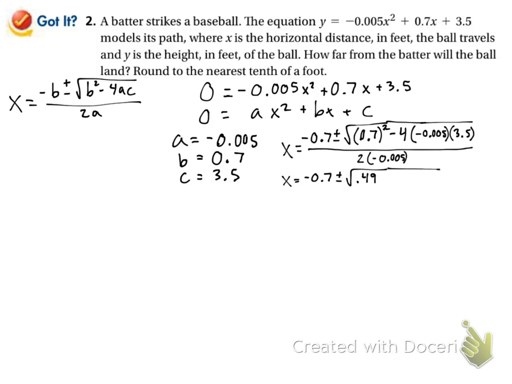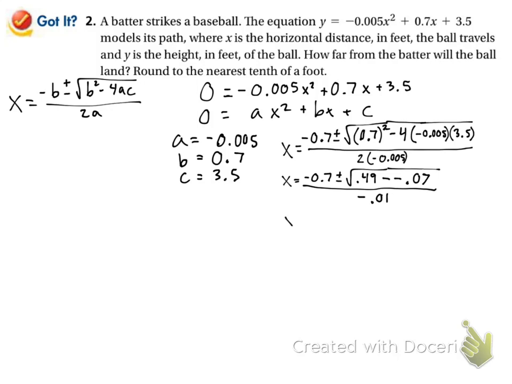Again, we keep the minus sign, and then I simplify this part without that minus sign: 4 times negative 0.005 times 3.5, and we get negative 0.07, all over negative 0.01.